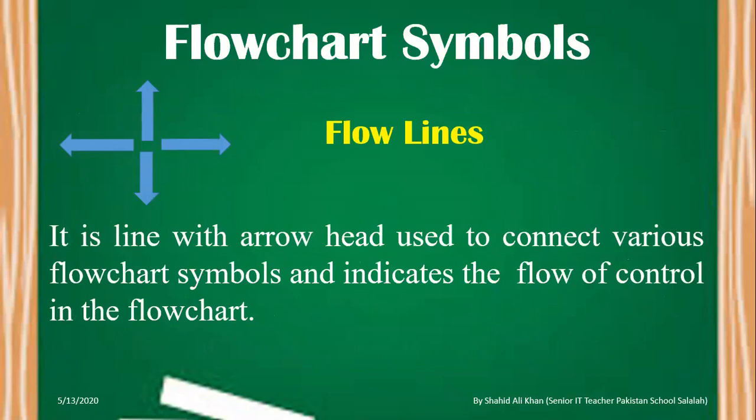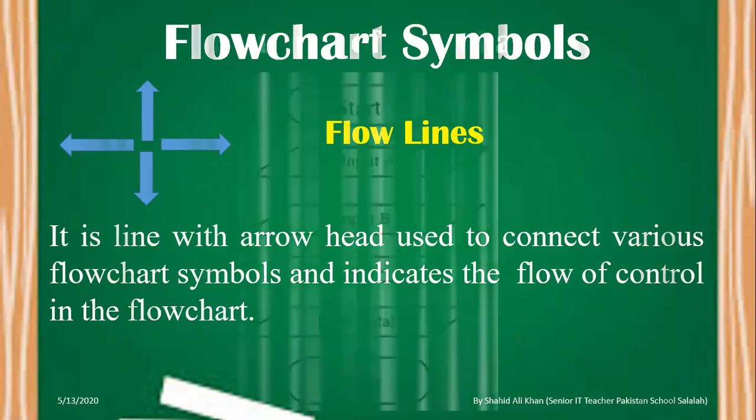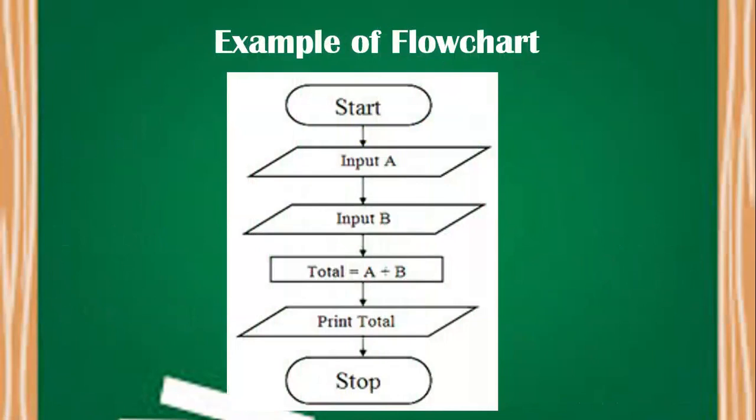So you have to connect those symbols with these arrow lines or flow lines. These flow lines are used to connect the symbols of flow charts. So it is a line with an arrowhead used to connect various flowchart symbols and indicates the flow of control in the flowchart. So they have different directions, right, left, up and down.